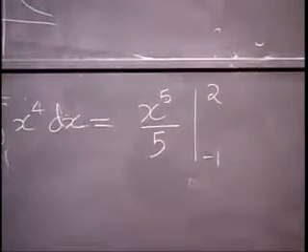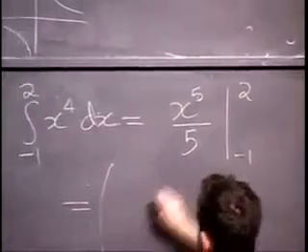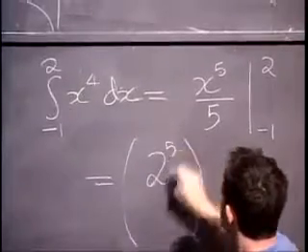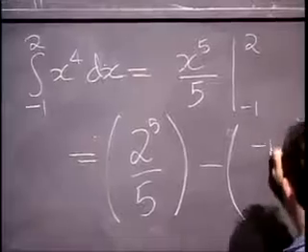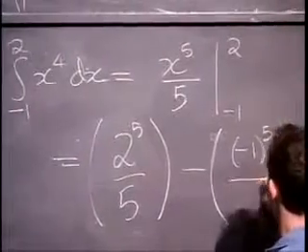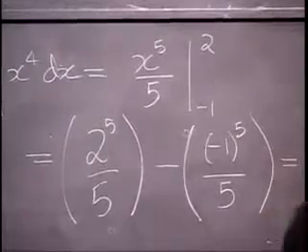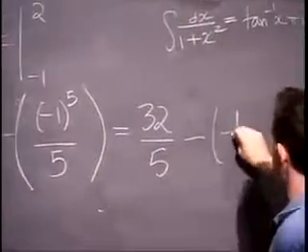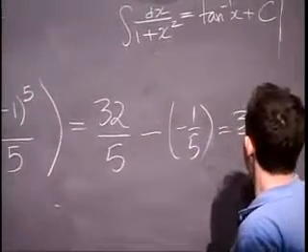So the only trap is to make sure you put enough parentheses. Take big parentheses there if need be. Replace x by 2, minus, replace x by minus 1, to the 5 over 5. And all you have to do is make sure that you get 32 over 5 minus a minus a fifth, which is 33 over 5.